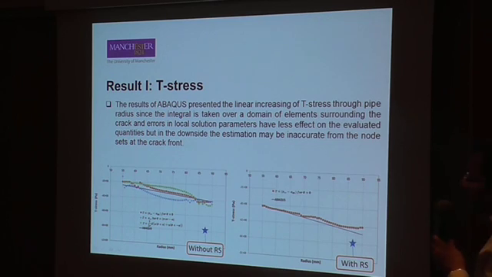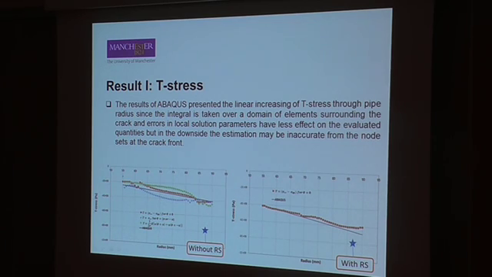Since we don't have any analytical solution for this, I imported my mesh to Abaqus and computed my strategies with Abaqus. The black linear lines show the Abaqus result, which is completely linear, and also the three different strategies which I have developed. Abaqus uses contour integrals for computation of T-stress.